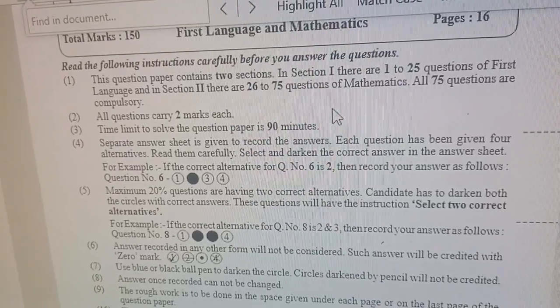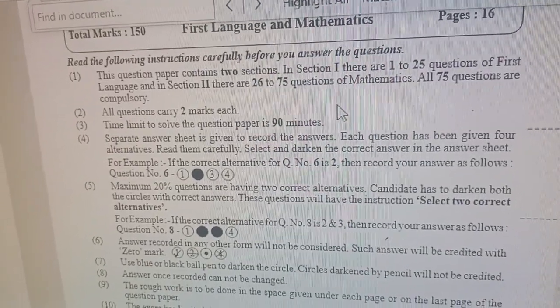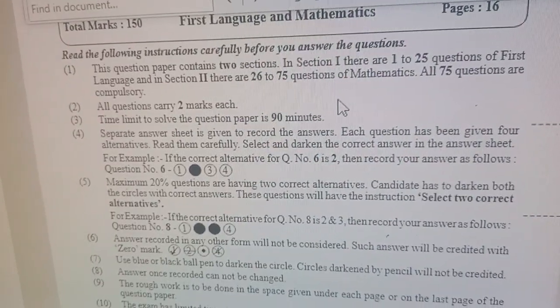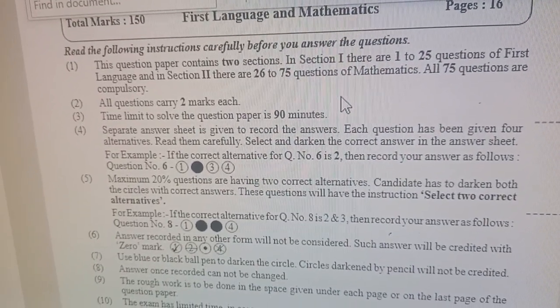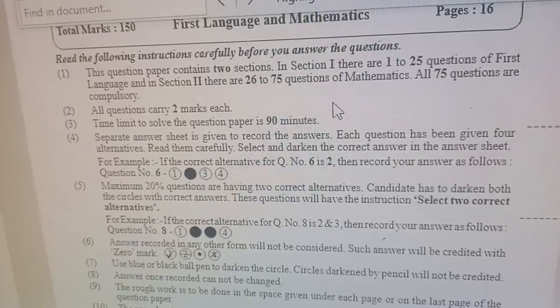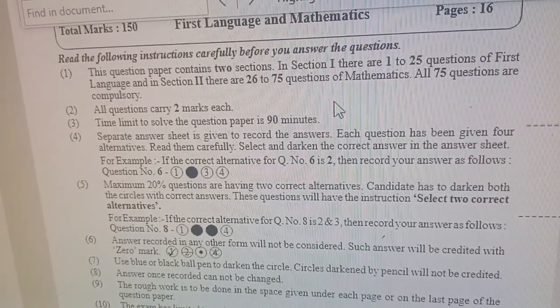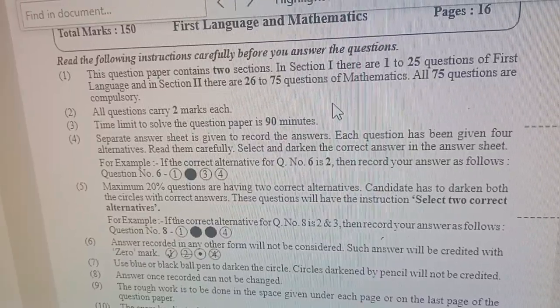For example, if the correct alternative for question number 6 is 2, then record your answer as follows. Question number 6: 1 is open, second is dark, third is open, fourth is open.